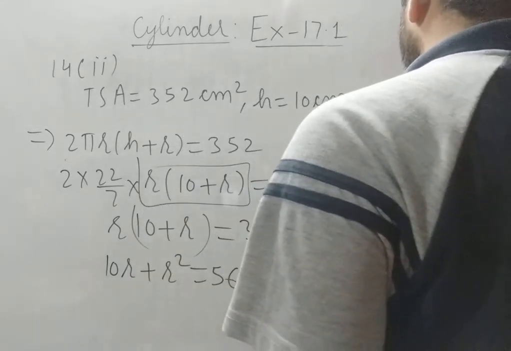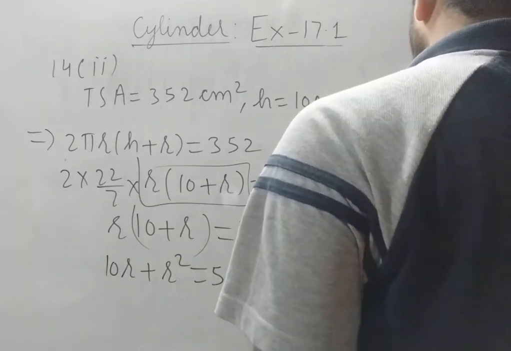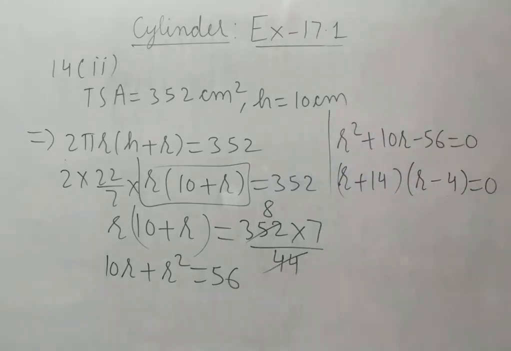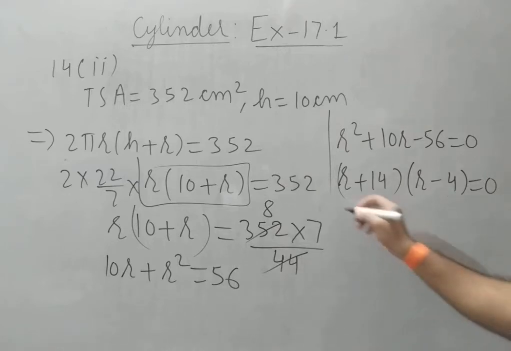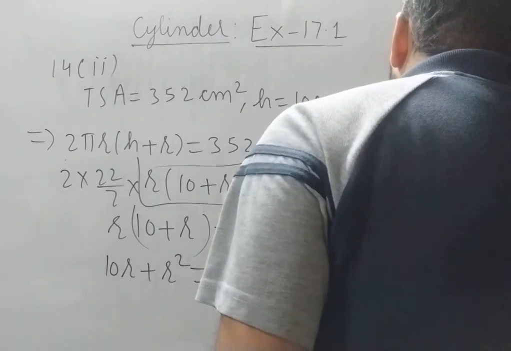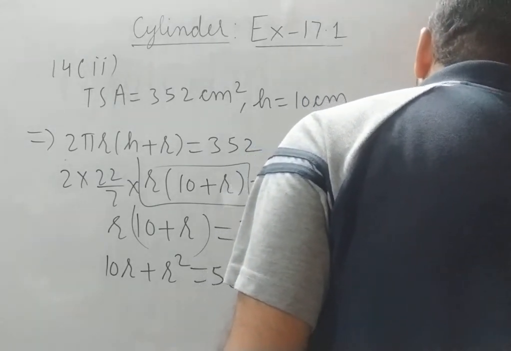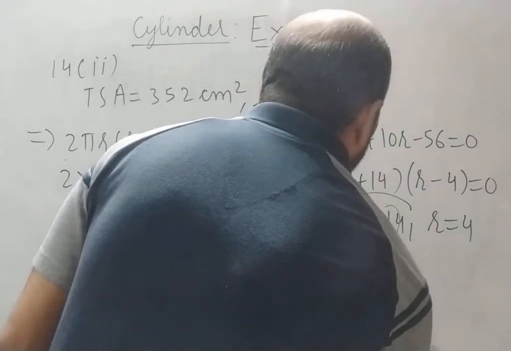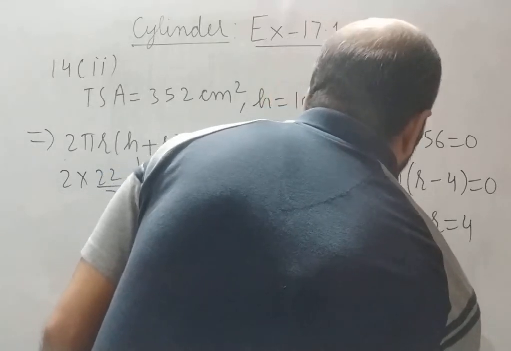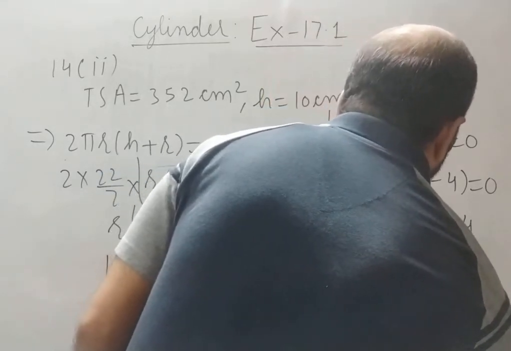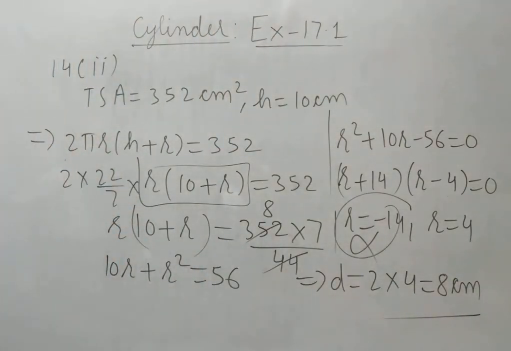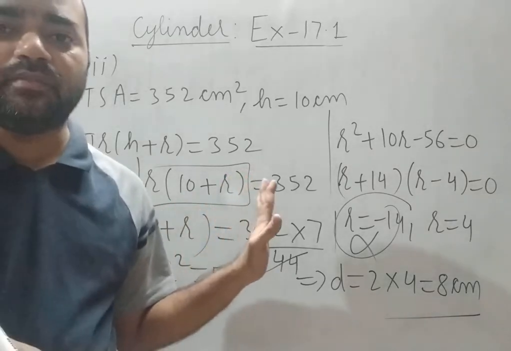It means (r plus 14) and (r minus 4) is equal to 0. So r will be minus 14 or r will be 4. But this is not possible. Radius cannot be negative. It means diameter will be 2 into 4, that is 8 centimeter. Correct? This is actually a quadratic equation question, middle term splitting.